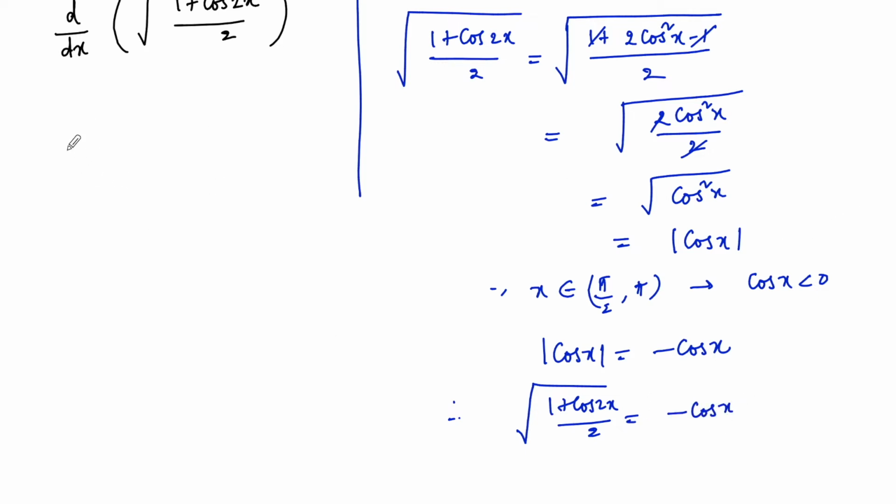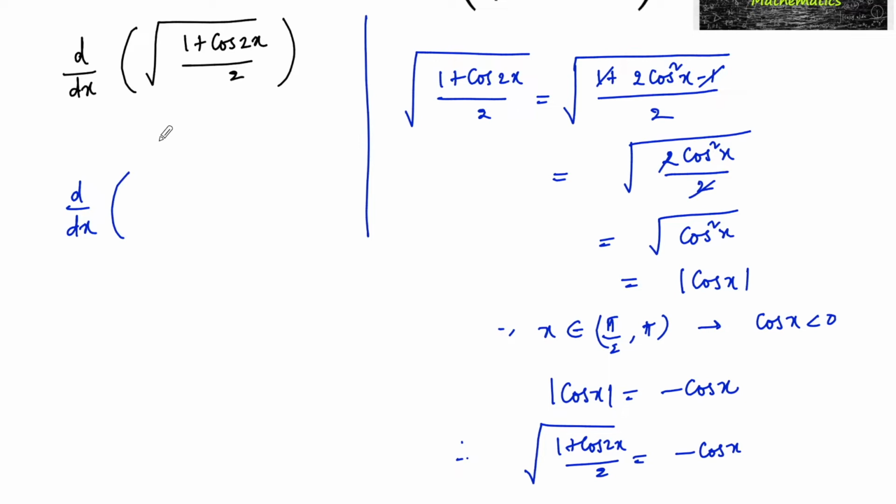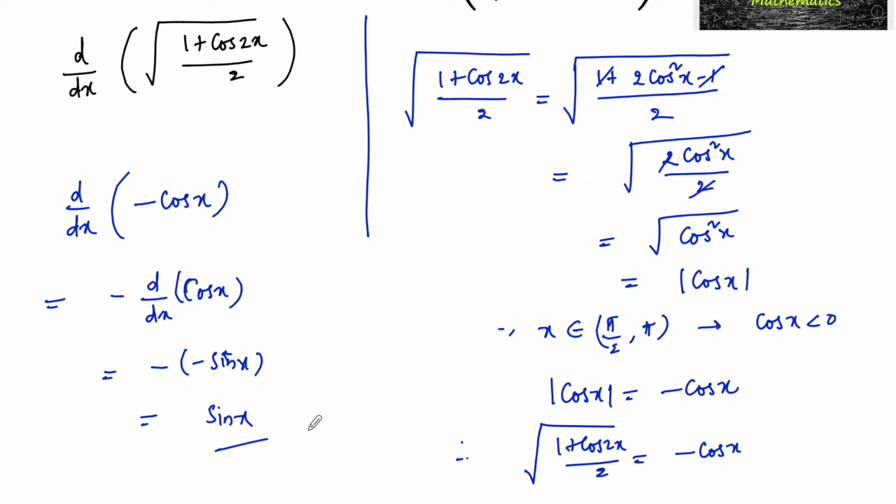So the differentiation d by dx of root over 1 plus cos 2x upon 2 is nothing but minus d by dx of cos x. Differentiation of cos x is negative sin x. So we can write minus of minus sin x, and negative of negative is positive. So sin x is the answer.